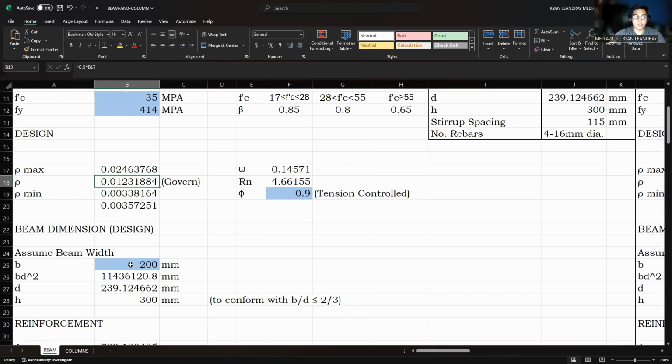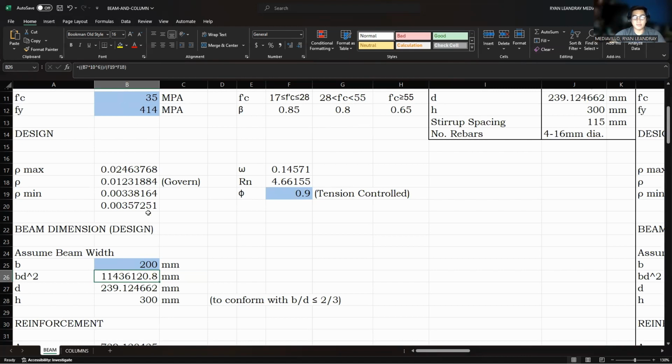So as for the beam dimensions, as I have got the rho, to have a beam dimension, first is to assume a beam width, which I have assumed a 200 millimeter beam width. And for me to have a section, it is from Mu equals rho bd squared.